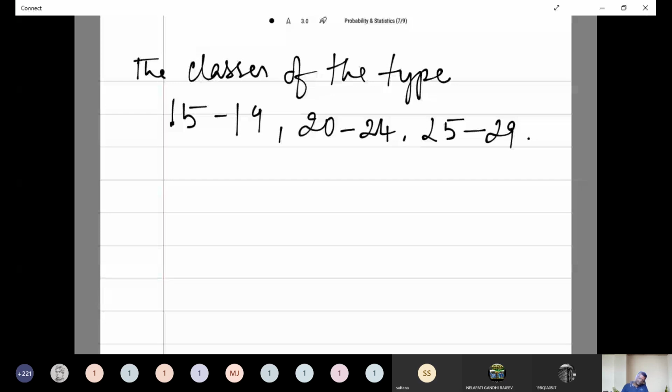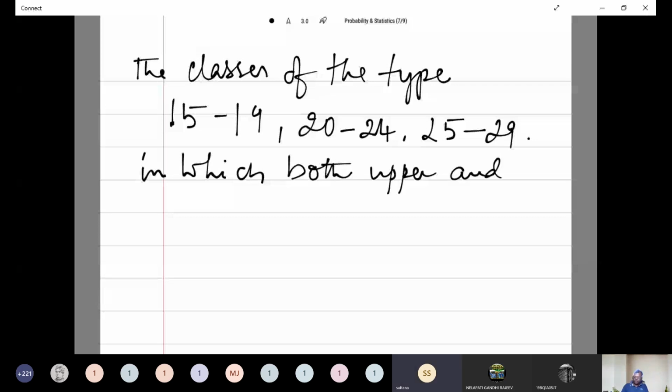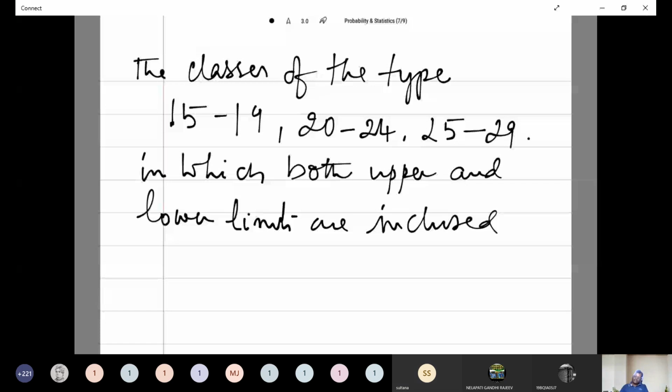In which both upper and lower limits are included. Included means both the upper limit and the lower limit are included in the class interval.